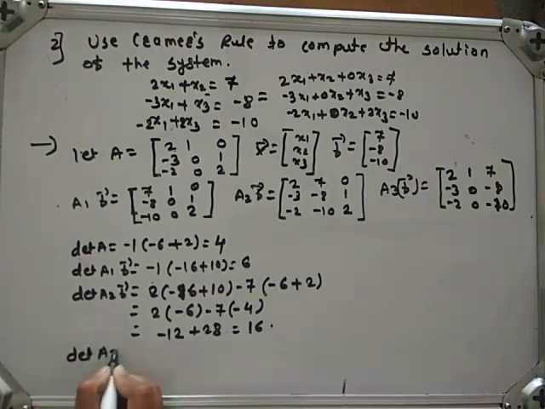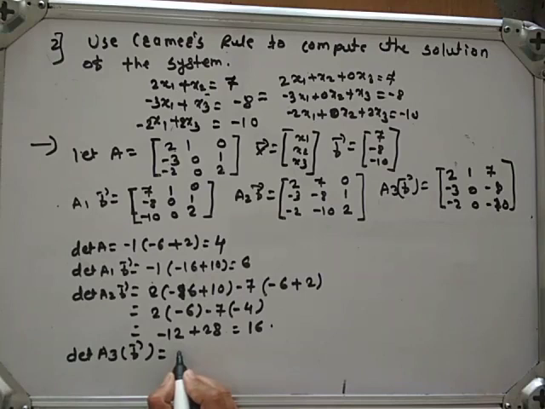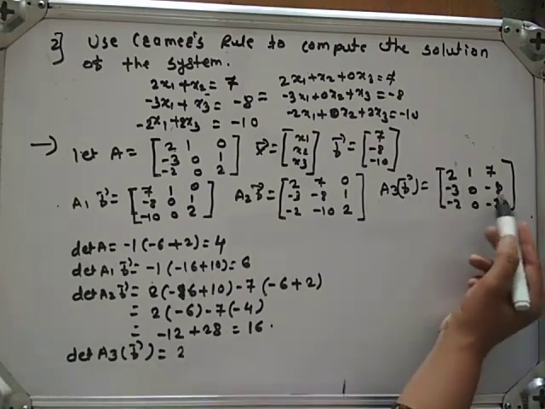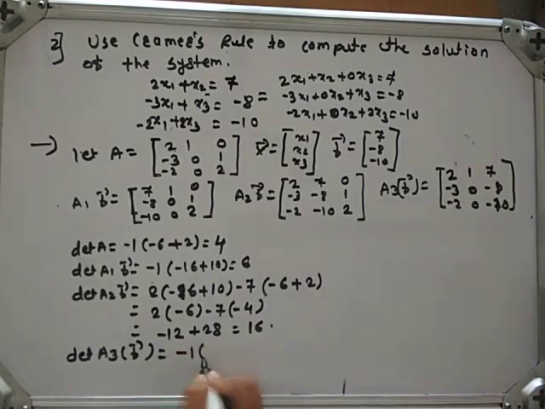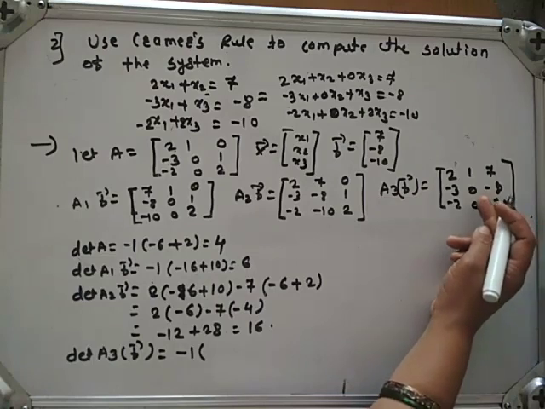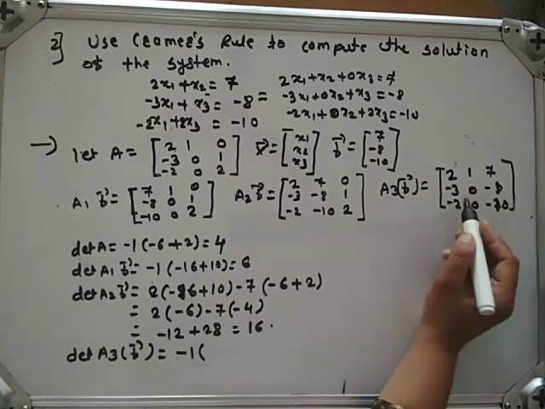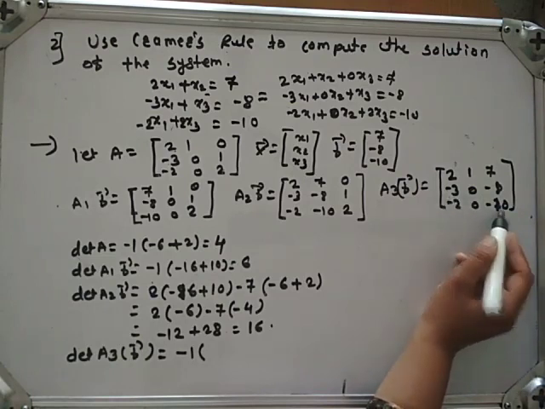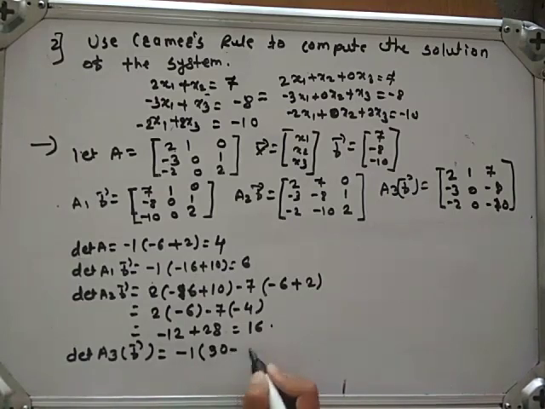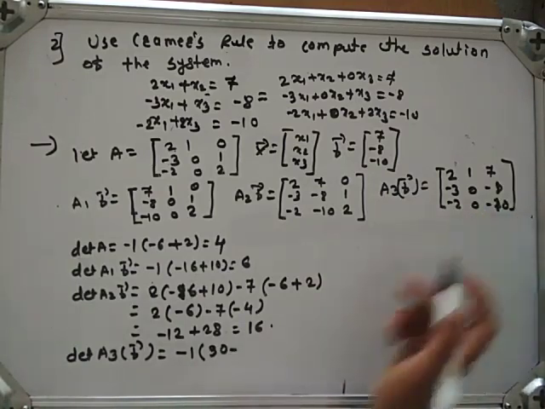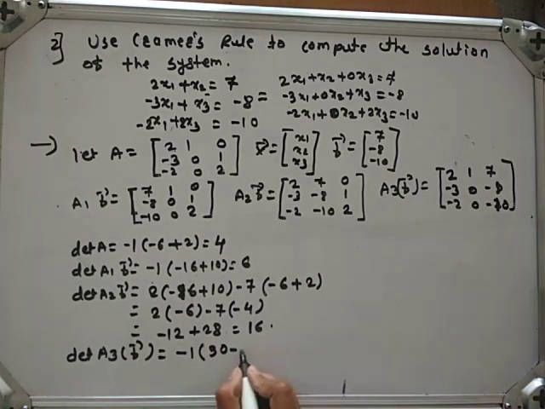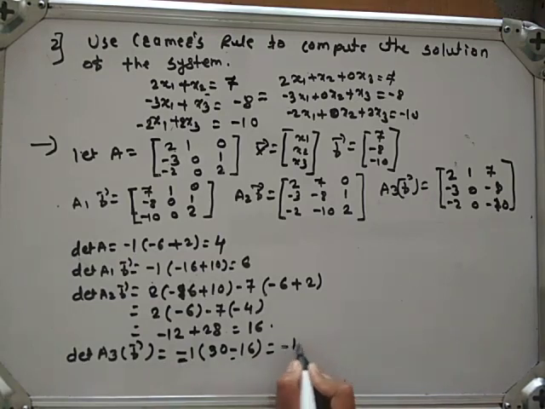Next, find out the determinant of A3 into B bar, which is equal to 2, see here, 2 into 0, so it is 0, neglect it, minus 1 into minus 3 into minus 10 is plus 30, minus 8 into minus 2 is plus 16, and because of this minus 16 it is plus 14, and because of this minus sign this becomes minus 14.